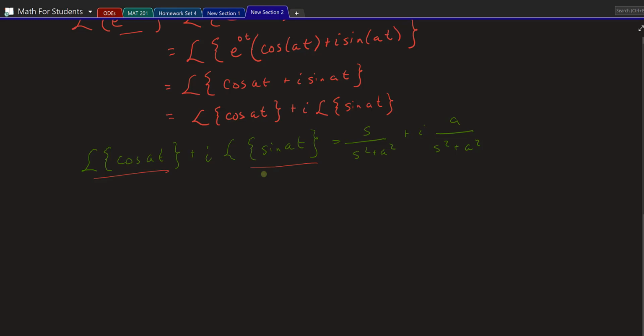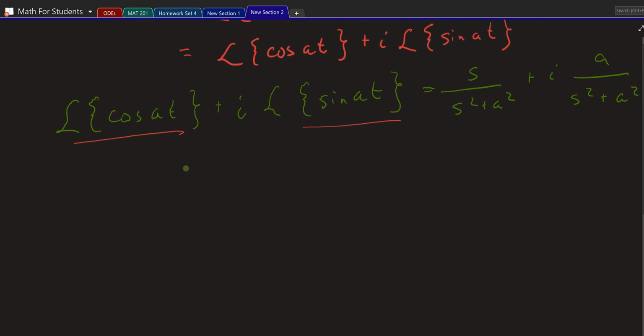And so by equating like terms, we get the big result, the result that we were after, that the Laplace transform of the cosine of at is just equal to s over s squared plus a squared.